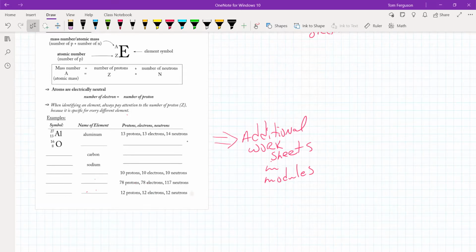Okay, so right now we're dealing with a neutral atom. And what I mean by neutral is protons equal electrons.